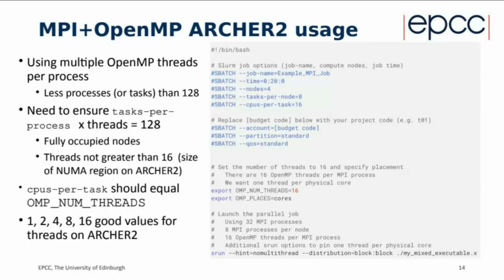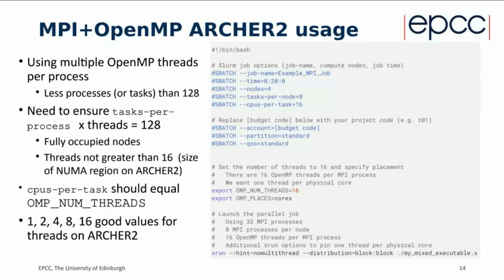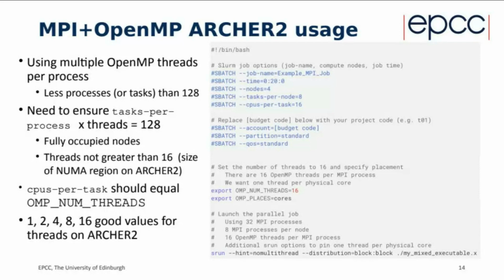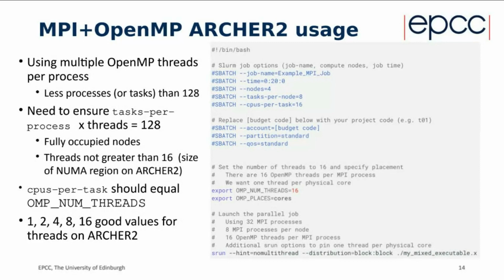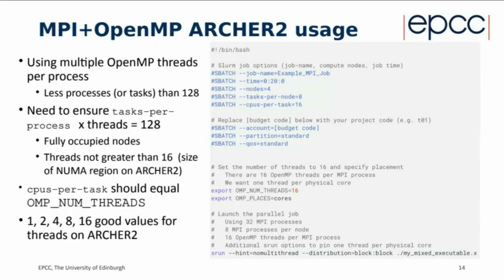This is because there are 128 cores per node on ARCHER2, and when you take the number of tasks and the number of threads, this equals 128. So you ensure that the node is fully populated with both processes and threads. Because of the NUMA structure on ARCHER2, and the fact that there are 16 cores per NUMA region, this restricts you to using no more than 16 threads, because going beyond this, you'll typically get bad performance.